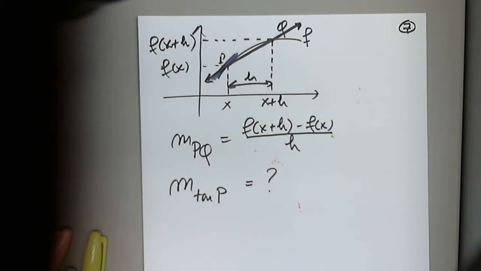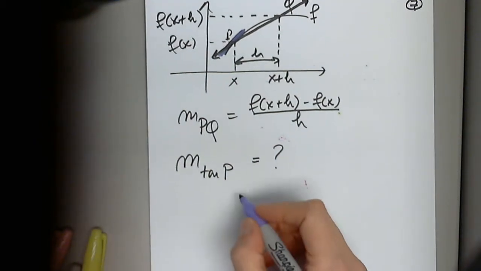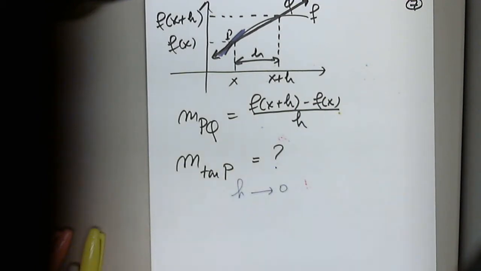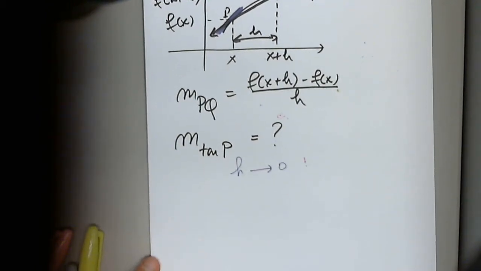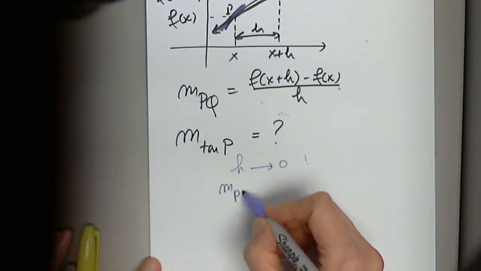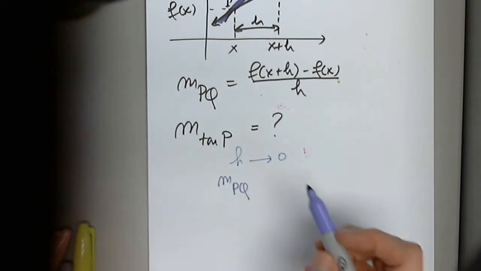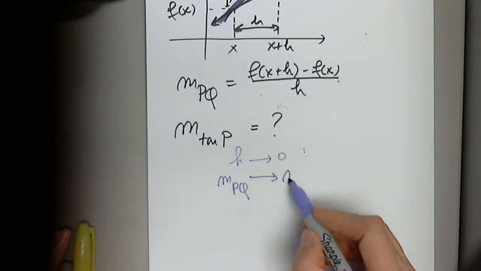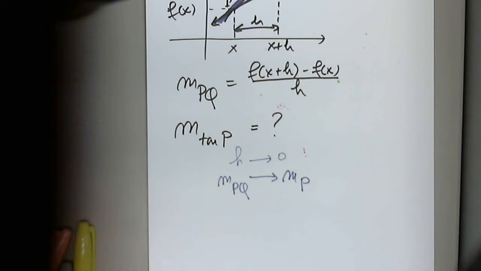F of x. The instantaneous rate of change, or velocity, or just the rate of change at that point, right? Good. So we're going to say that when h approaches 0, would you agree that the slope of the secant line PQ will approach the slope of the tangent line at P?